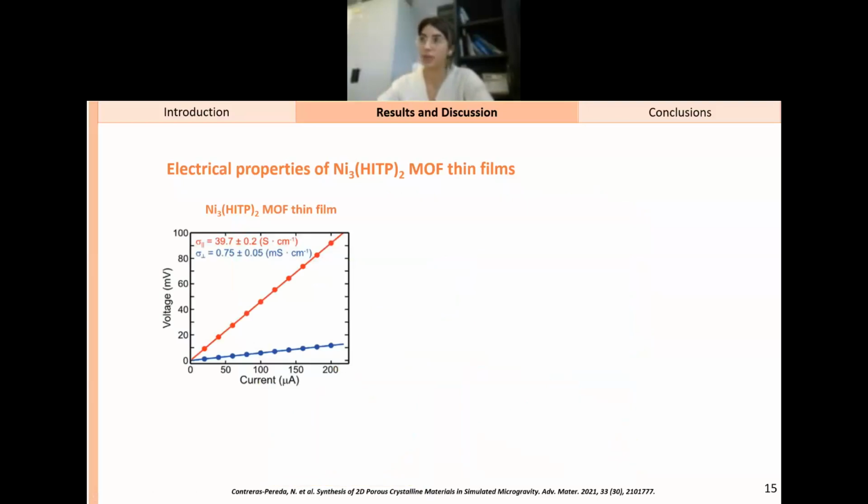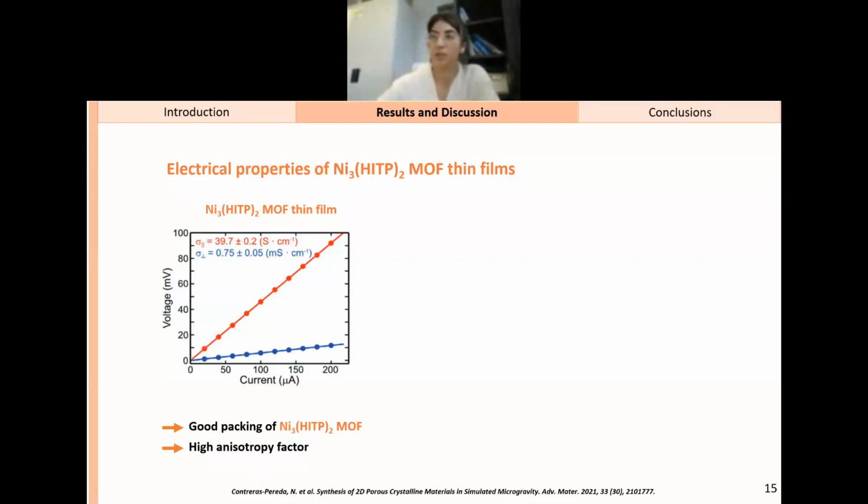The measurements show that for the in-plane conductivity, they could obtain a very high conductivity value. For the out-of-plane, it was not the case. In summary, it shows that the MOF film has a good packing, and that between the out-of-plane and the in-plane conductivity measurements there is a high anisotropy factor.